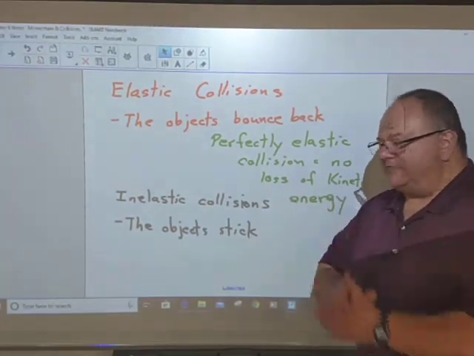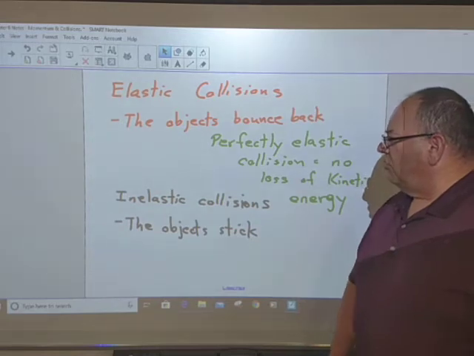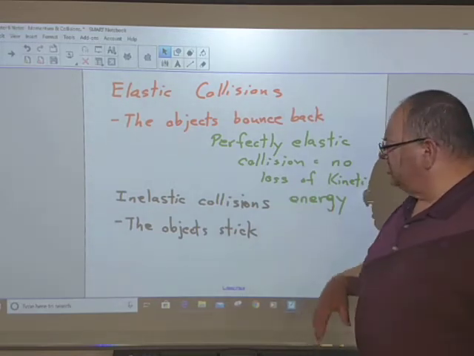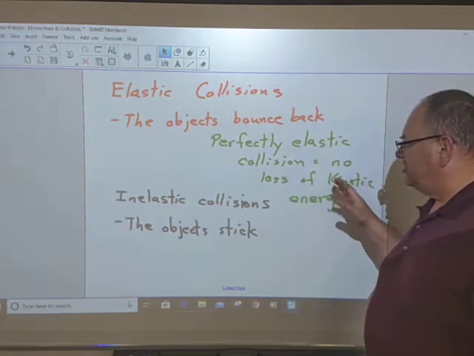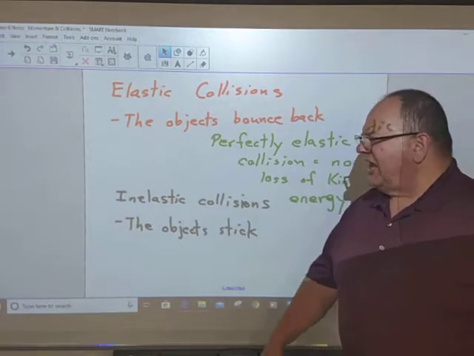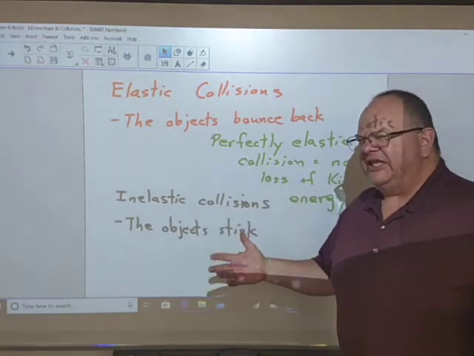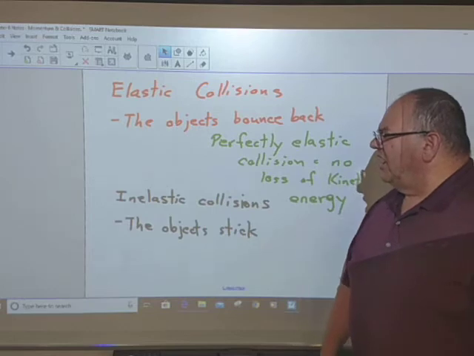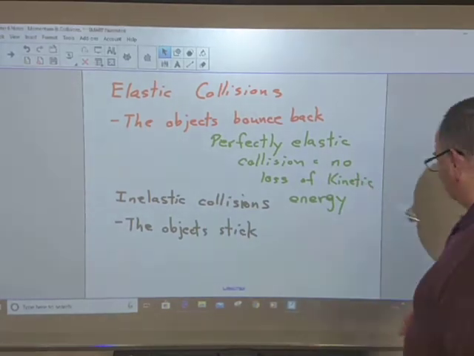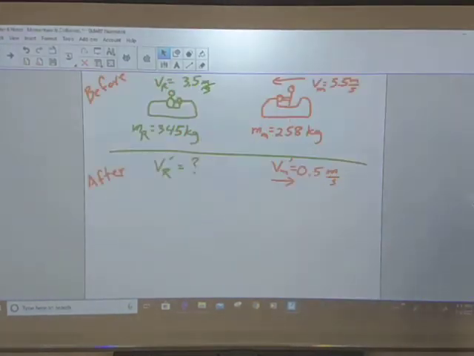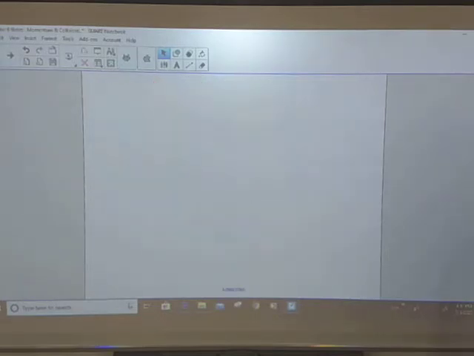Inelastic collisions, again, the objects stick together. If they totally stuck, I don't know if you ever hear the word perfectly inelastic collision, but you could look at this overall as being a continuum.